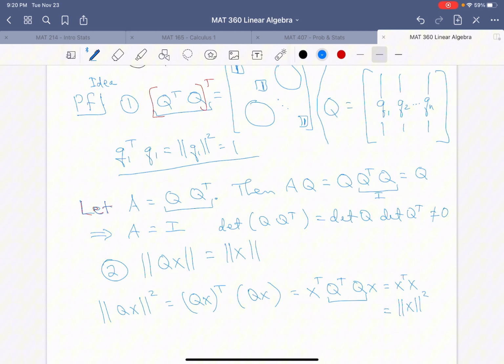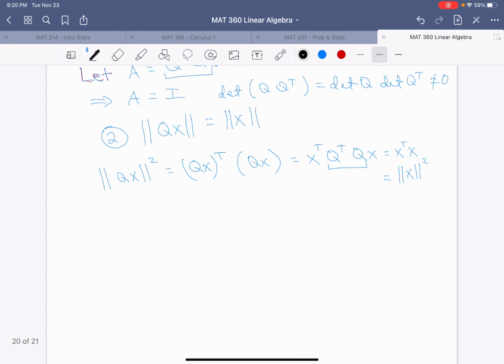Okay, let's look at a simple example of an orthogonal matrix and exercise these properties here. This is an example from the book. So for any fixed theta, if we look at Q being, I think we've looked at this matrix before, the first column is cosine theta, sine theta.